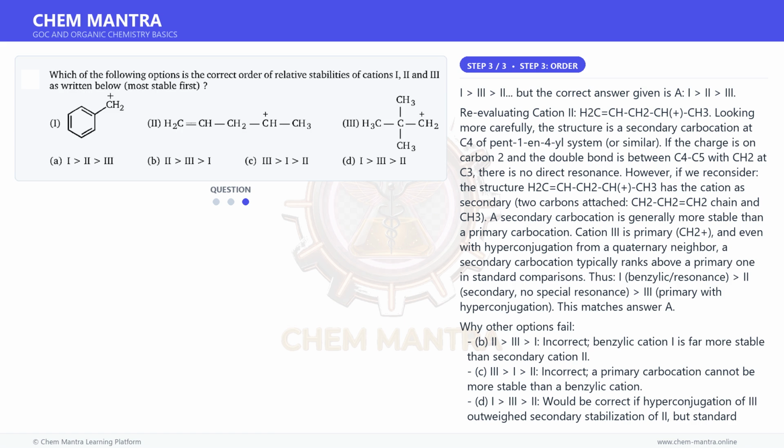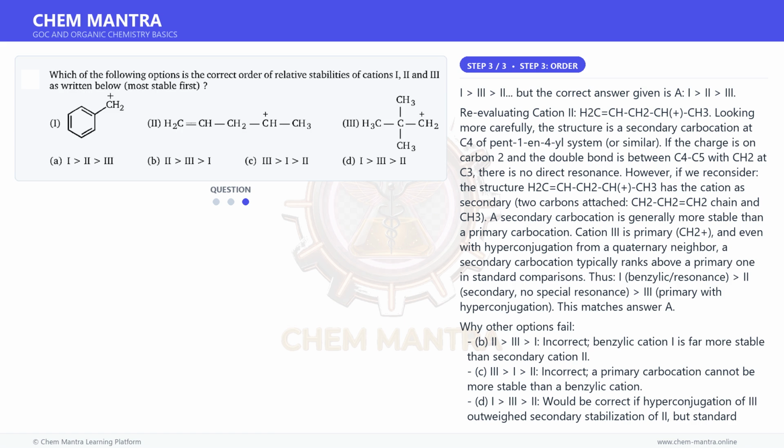If the charge is on carbon 2 and the double bond is between C4 and C5 with CH2 at C3, there is no direct resonance. However, if we reconsider, the structure has the cation as secondary, with two carbons attached, a CH2 chain and CH3.